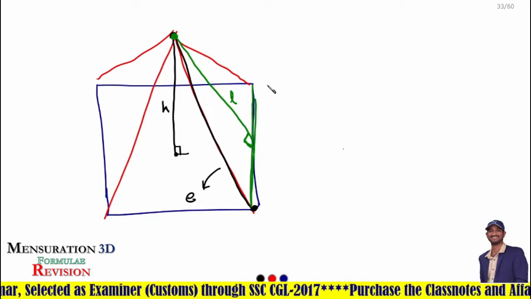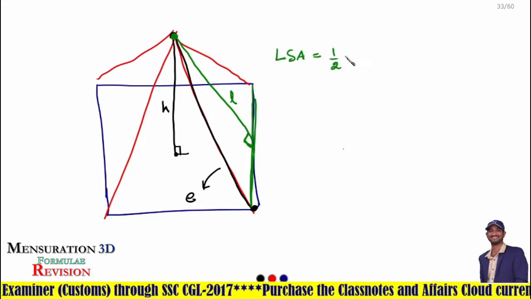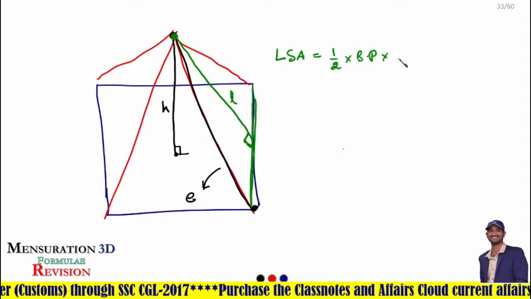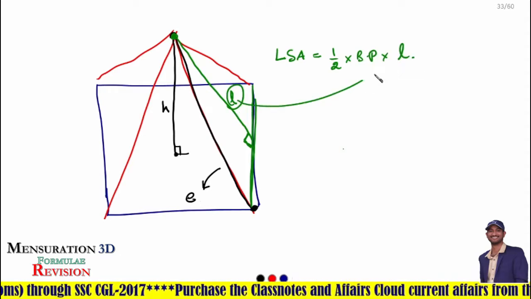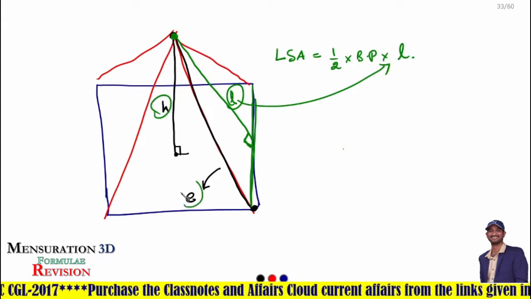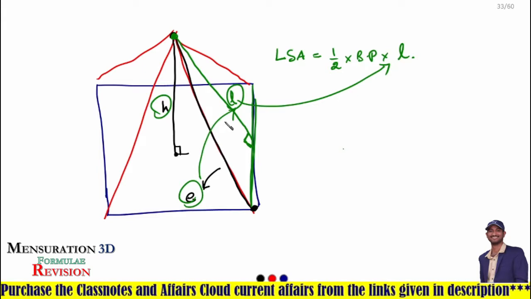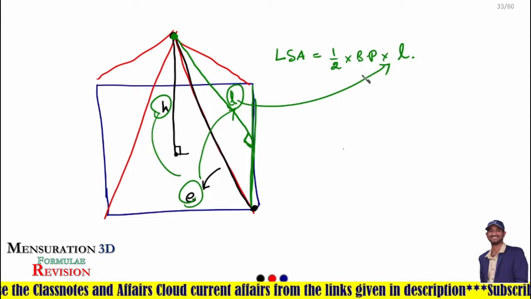So when you talk about the lateral surface area of a pyramid, half into base perimeter into slant height, this is what you have to substitute. If height and slant edge are given, from those values you have to calculate slant height, but don't substitute those values here directly.